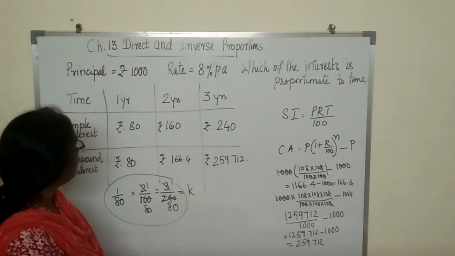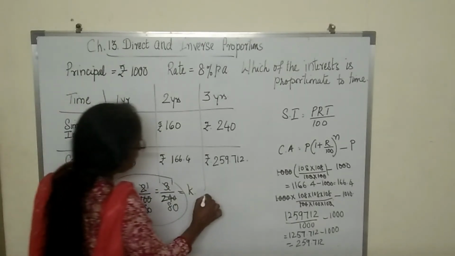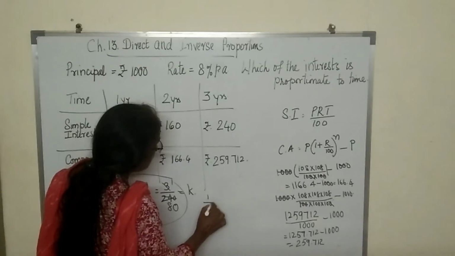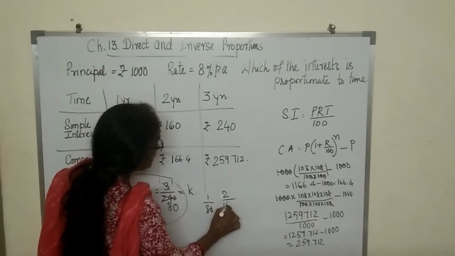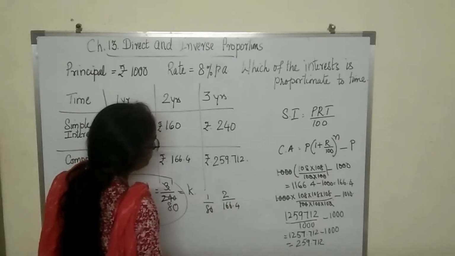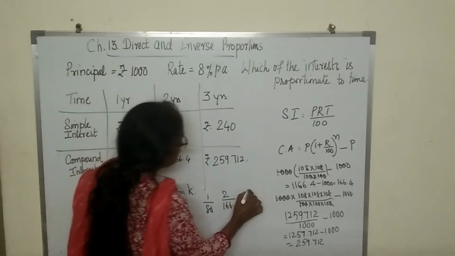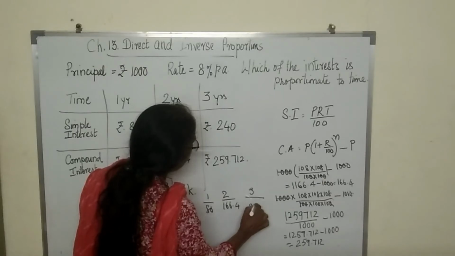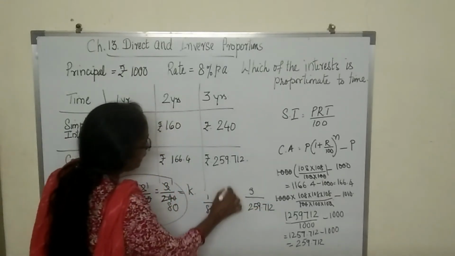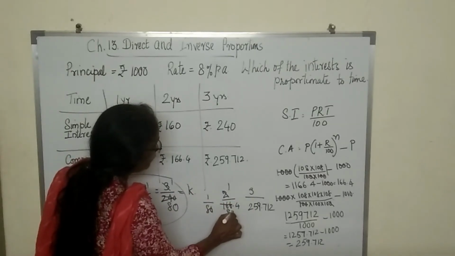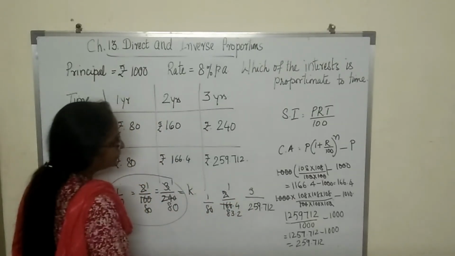Now in this case what happens? The first one is 1 upon 80. Second is 2 upon 166.4. And the third is 3 upon 259.712. Now check 1 upon 83.2.